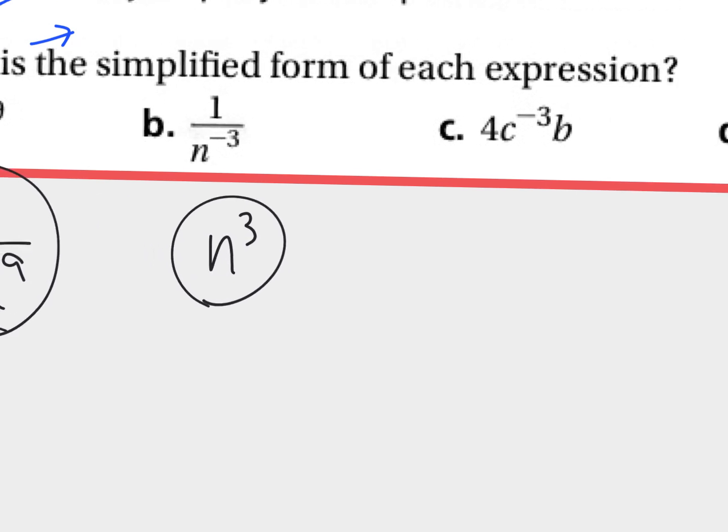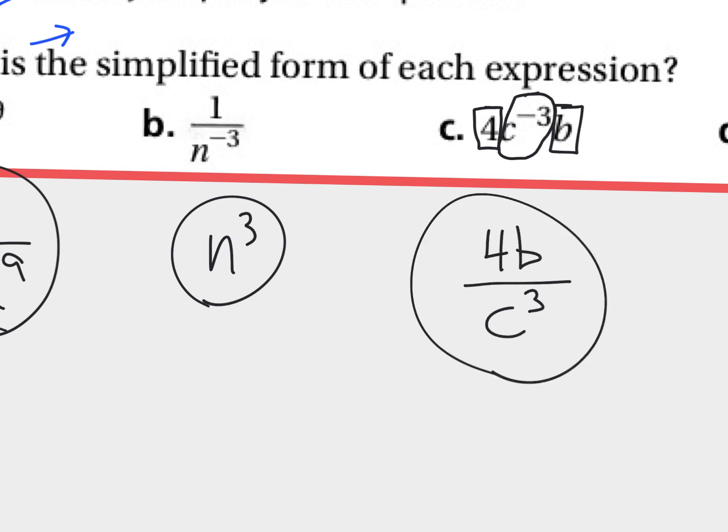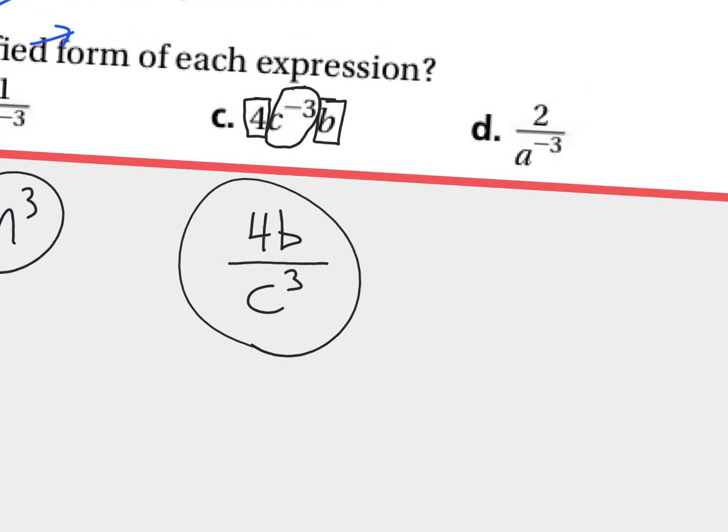On part C, most of this is actually positive. We've got just a 4, we've got just a b. It's just that middle part, the c to the negative 3rd, that we've got to get out of there. So that could go to the denominator as c to the 3rd power. And then the 4 and b can actually just stay where they're at. So just keep them there. And that would be our answer.